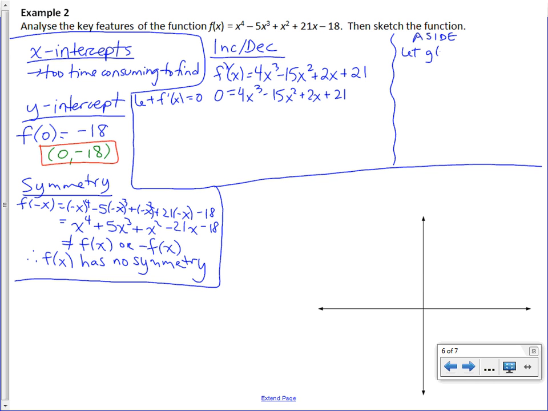I'm gonna say g at x be 4x cubed minus 15x squared plus 2x plus 21. Okay. So, okay, the only way this can work, I'm hoping and praying that it does, is that there has to be a number that would work with factor theorem for you to be able to do this question.